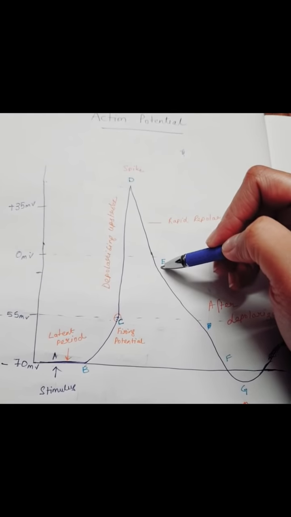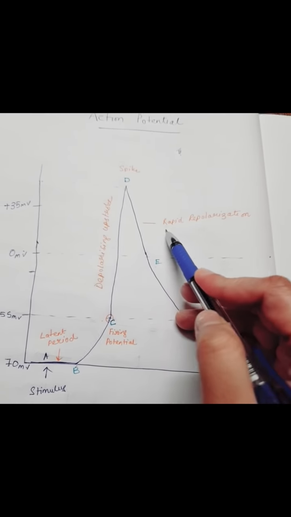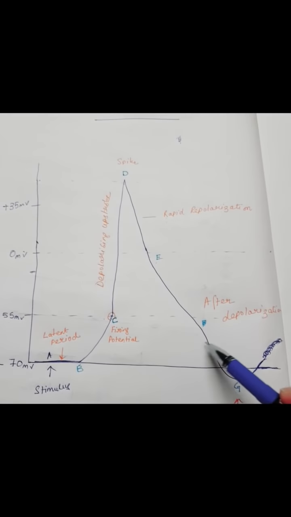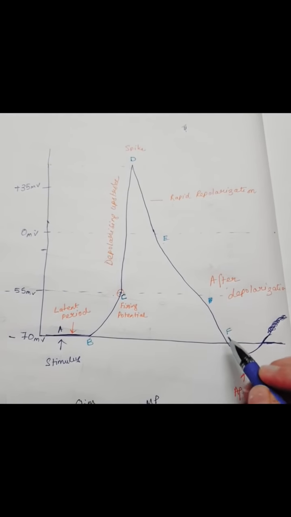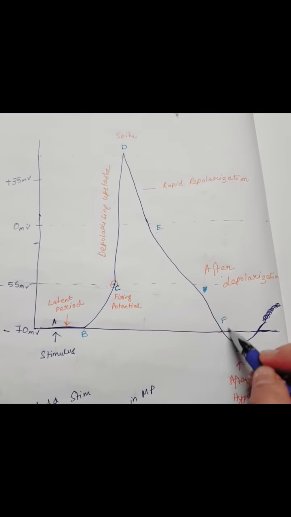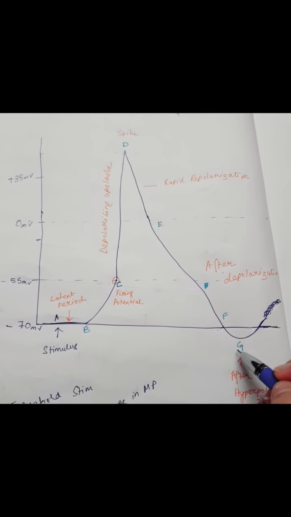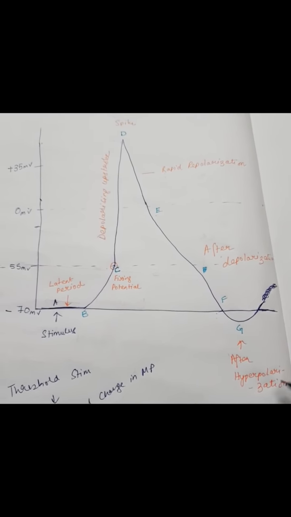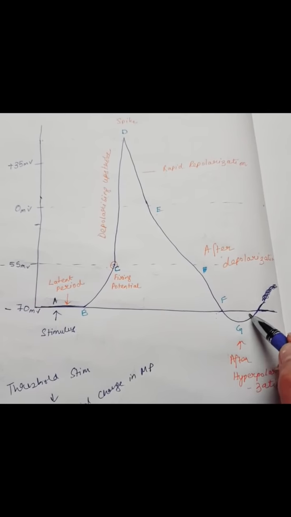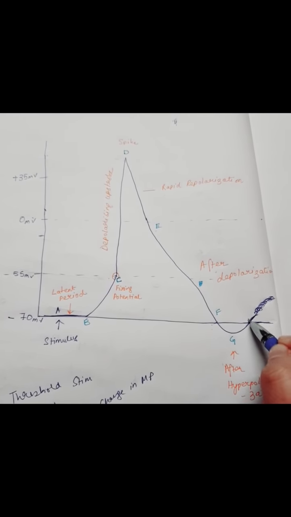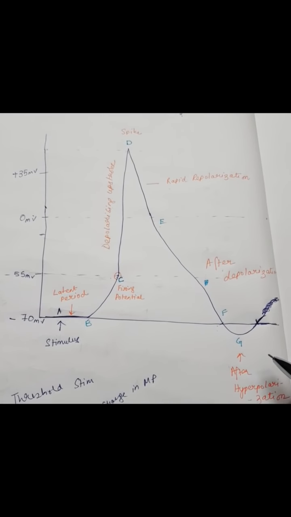Up till 0 millivolt, it is known as rapid repolarization. From there is a slower process which is called after depolarization till the RMP is reached, that is minus 70 millivolt. Even though the RMP is reached, there is some negative overshoot. This is known as after hyperpolarization. And then finally, the membrane potential returns to the resting level, that is minus 70 millivolt.